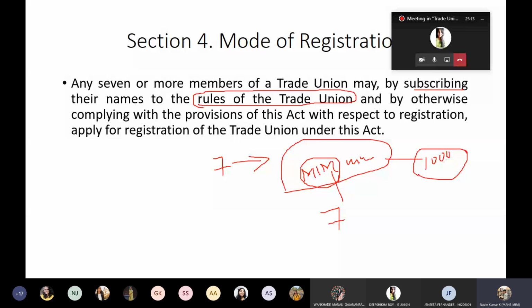Let's say there are almost 200 members of this union. Out of this 200, 7 members while applying must subscribe their names. So they are the subscribers.